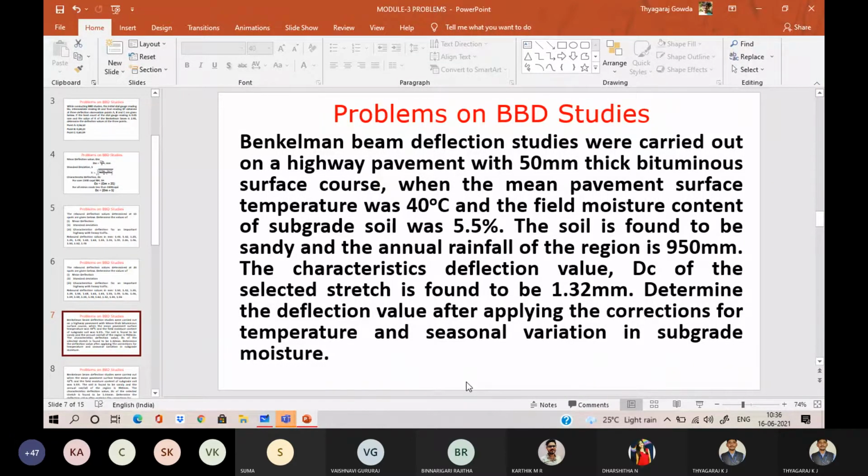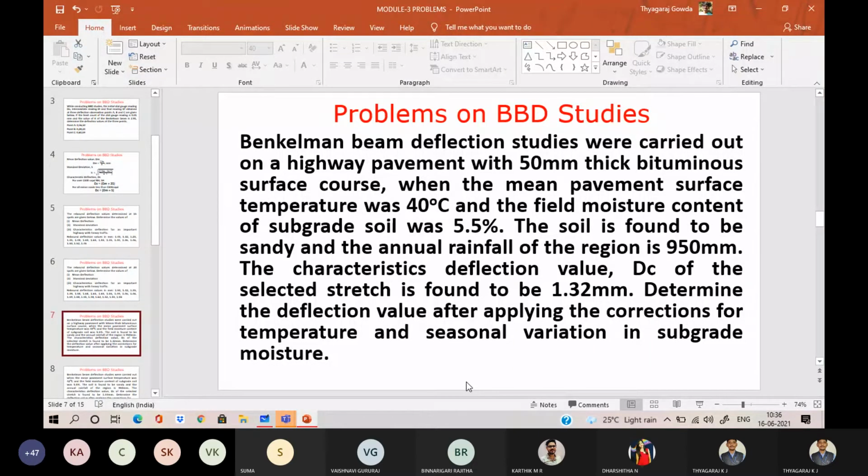Benkelman beam deflection studies were carried out on a highway pavement with 50 mm thick bituminous surface course. When the mean pavement surface temperature was 40 degrees Celsius and the field moisture content of subgrade soil was 5.5%.